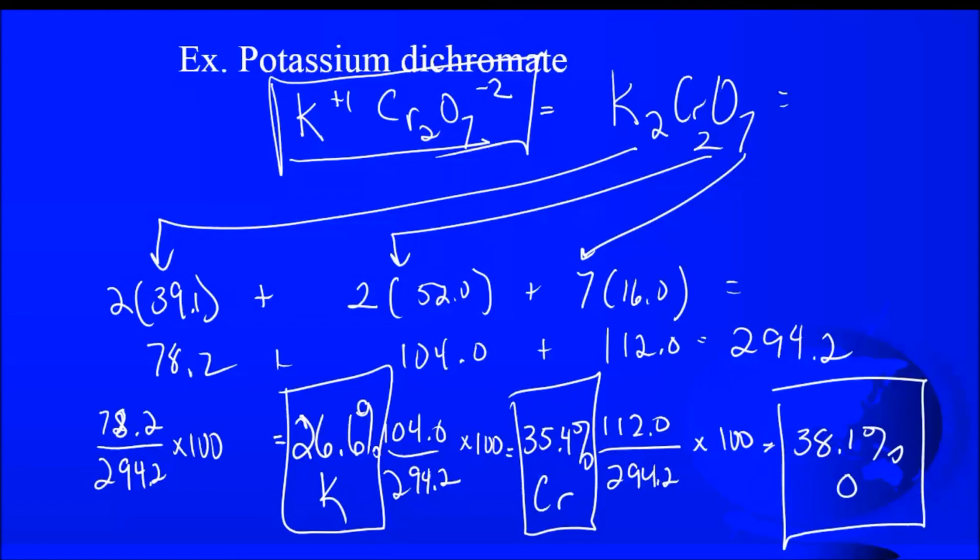Might want to add those up. 26.6 plus 35.5 plus 38.1. If they don't equal really close to 100, maybe a little over, a little below, then you've done something wrong. Well, that's pretty close to 100.